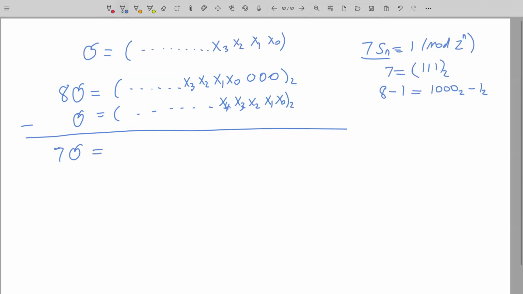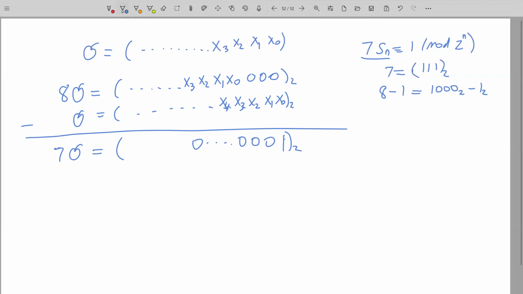So that means the last part of this is 0, 1, 0, 0, 0 here. And this is true for all positive integers n.